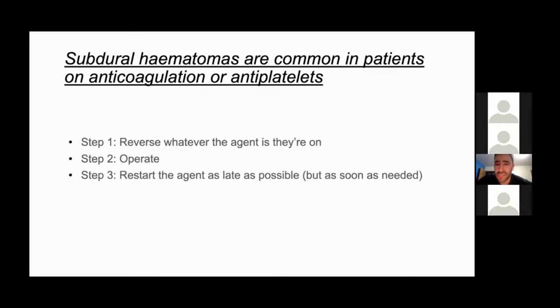Those are real crisis patients, because the moment you stop their warfarin or whatever DOAC they're on and reverse it, they are at very, very high risk of developing another PE or another stroke. So the key principles are there, but you're going to need to discuss with hematology and neurosurgery to work out a risk-benefit analysis and decide when to restart the medication.